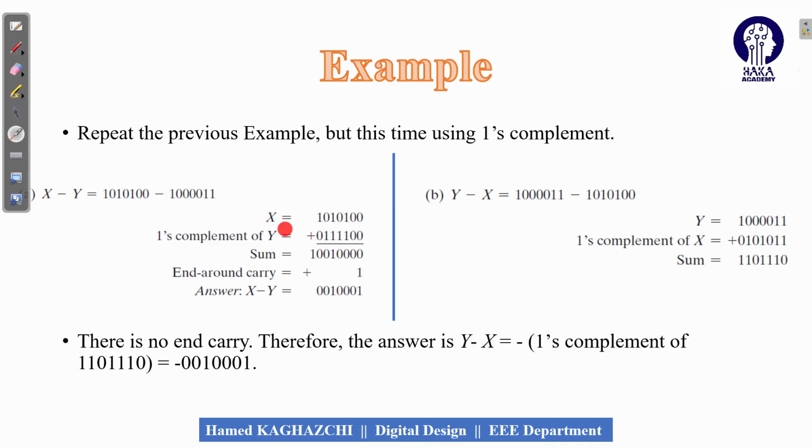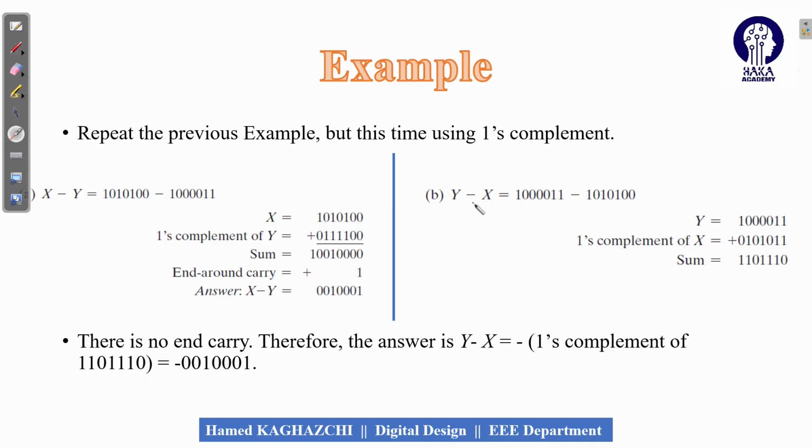The first complement of y is 0, 0, 1, 1, 1, 1, 0. Add these two numbers together. You can see that I have the carry. We discard this carry, remove it, then add 1. Now the result is equal to this one.